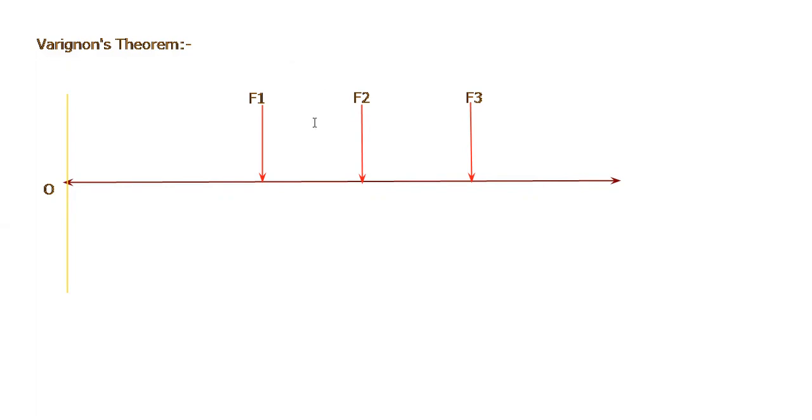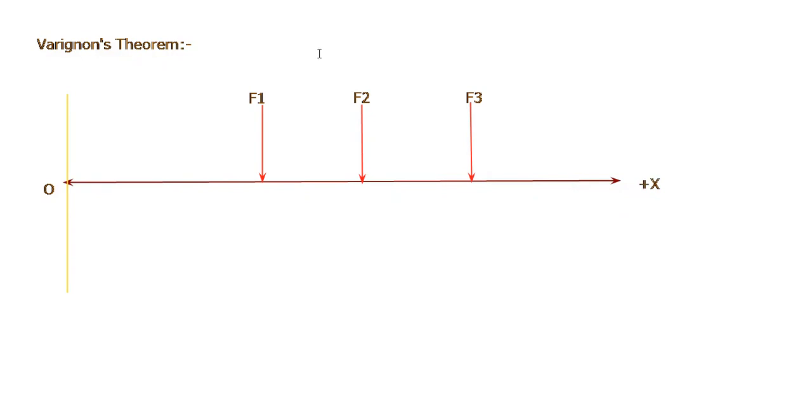You will also get the resultant of these three forces acting in the same direction, because F1, F2, F3 are all parallel to each other, and they are perpendicular to this x-axis. This is your positive x-axis.